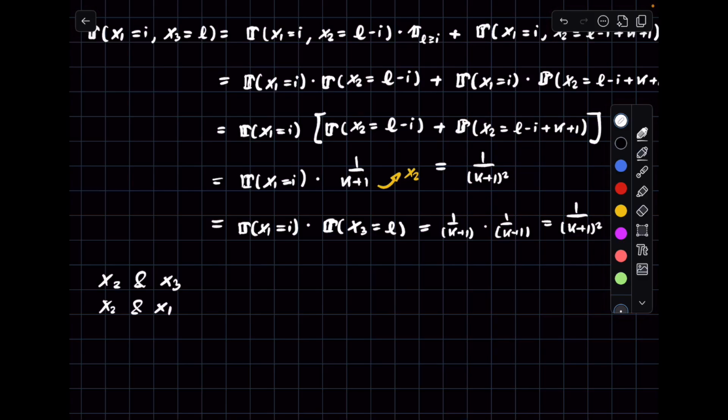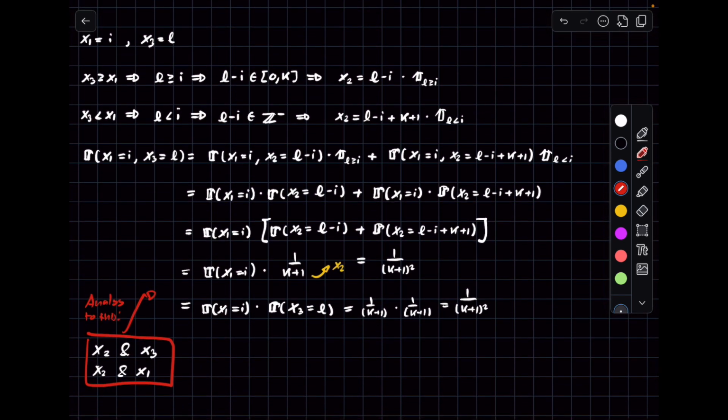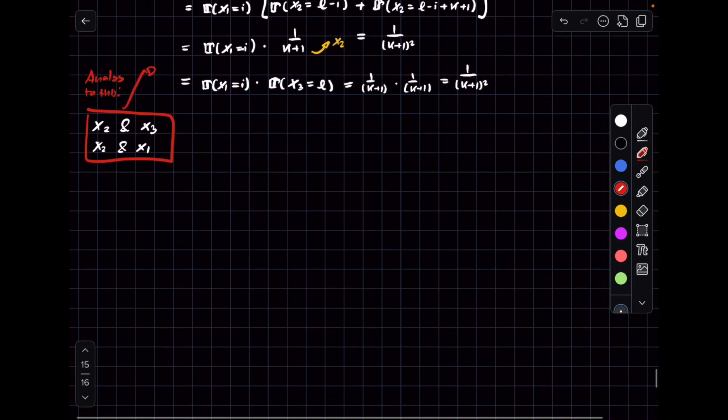We have to check all these other cases, which I'm not going to do here, but they're done analogously to this. So that's basically how you do it for all the other ones. Pairwise means that we can pair up each of the random variables and they're going to be independent.